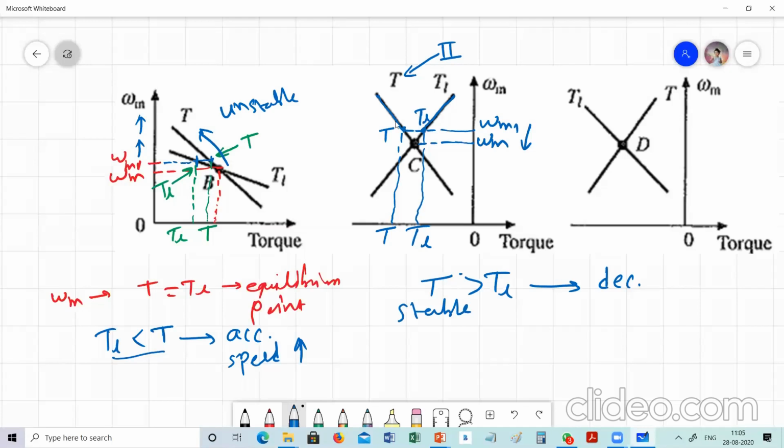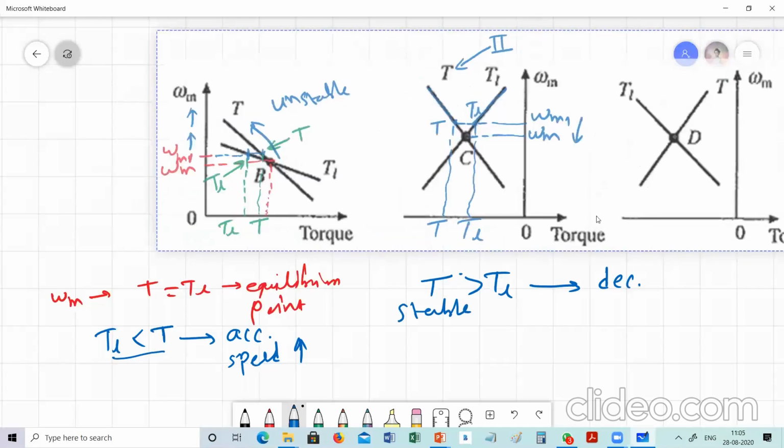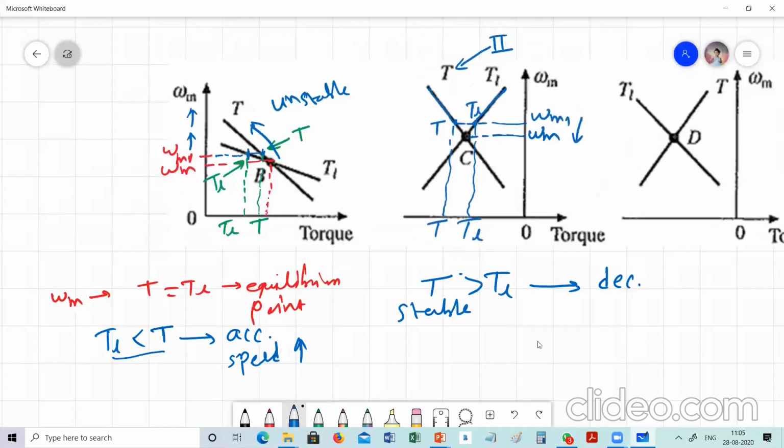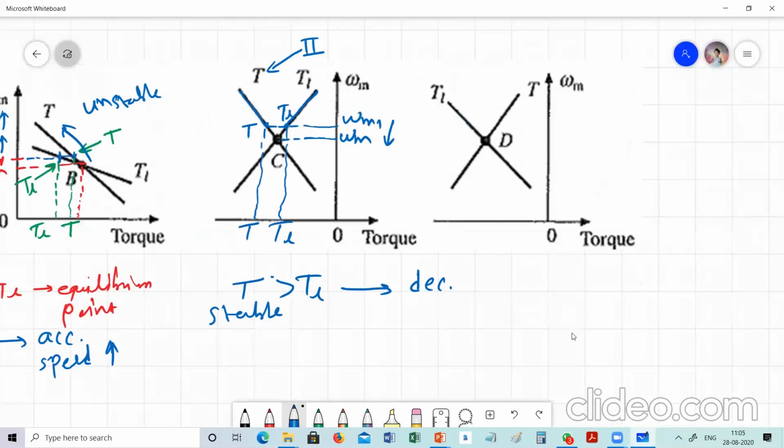Now the third case. Suppose this is the original speed, equilibrium speed omega m, and because of some disturbance the speed is increased to omega m1. Now they have interchanged the load curve and the motor curve.